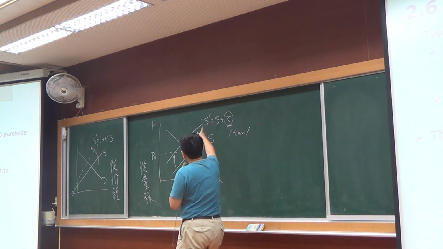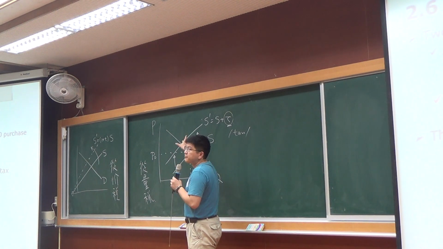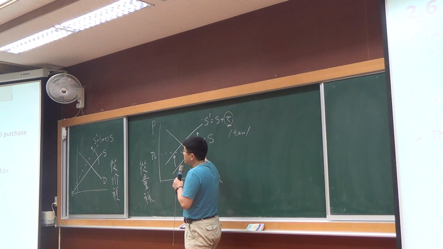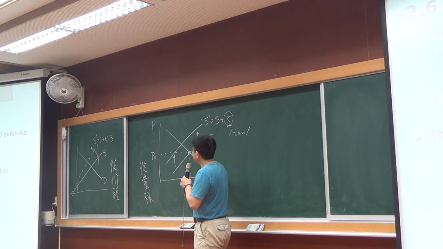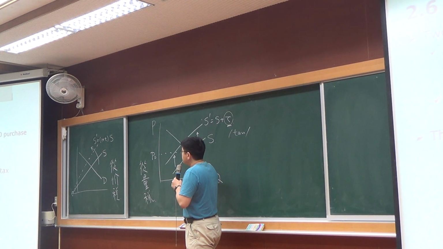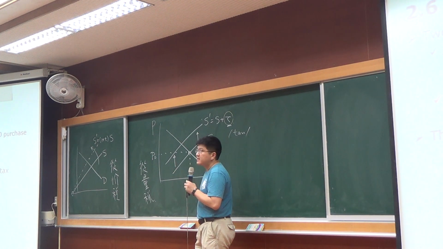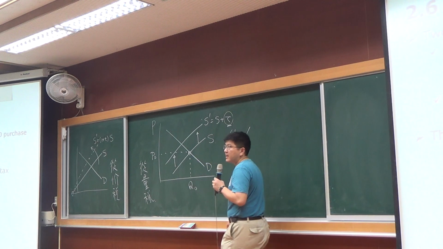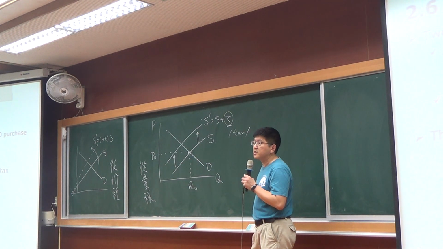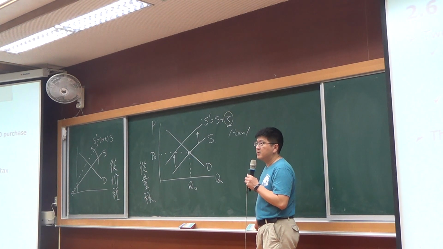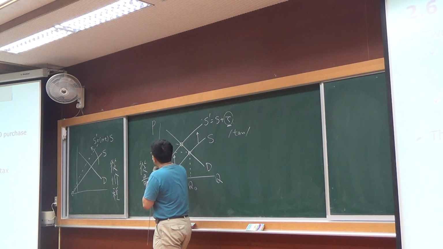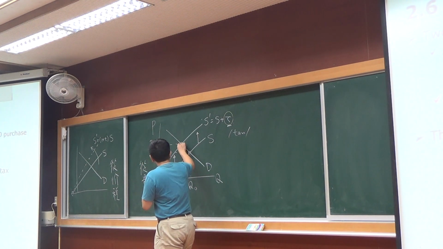So this is the willingness faced by the consumer, because the sellers require or ask for this kind of price. Otherwise, they are not willing to sell. Okay? So the new equilibrium corresponds to P1 and Q1.